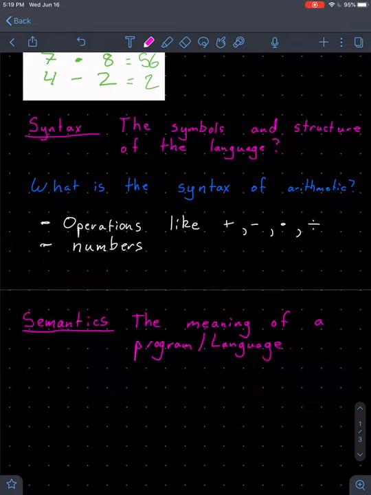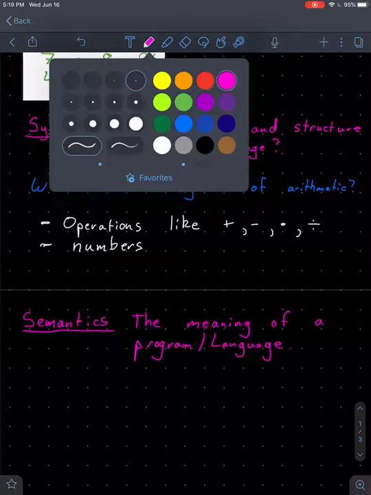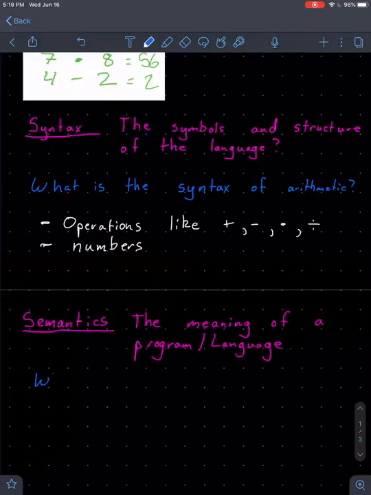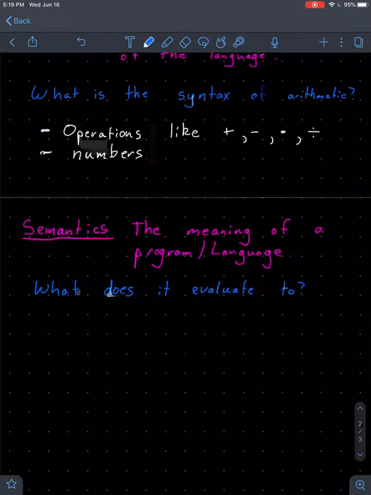Okay, so this is stuff like, what does it evaluate to? Is it well typed? If there's a type system, is it type safe, right?